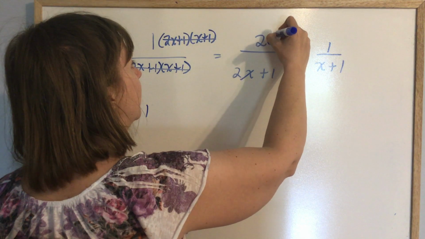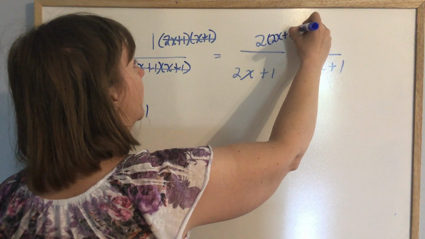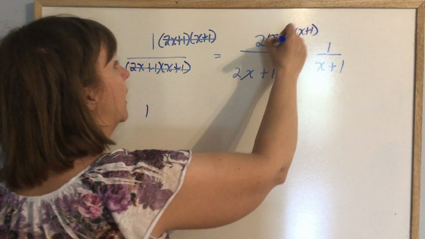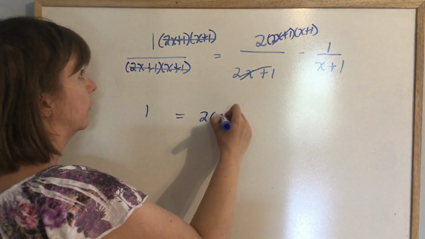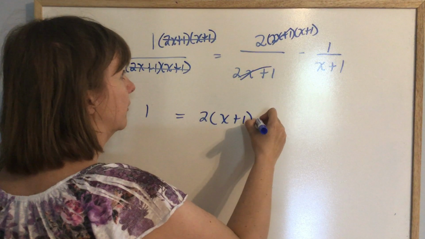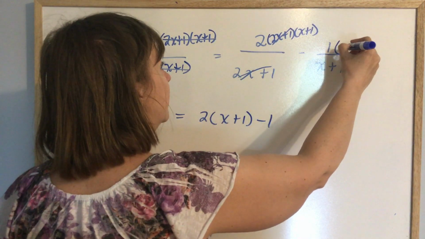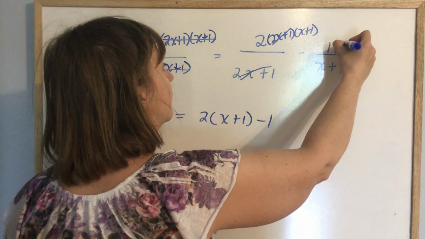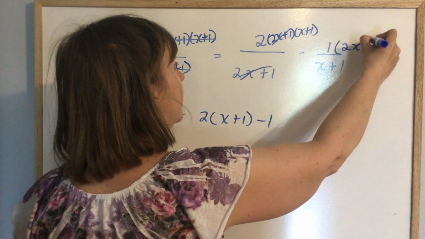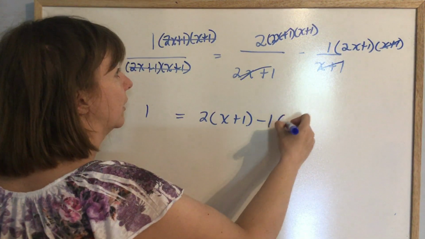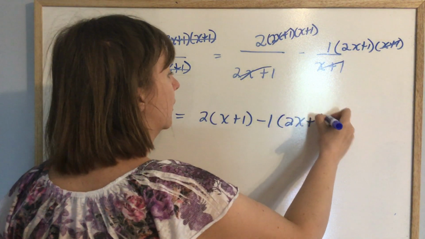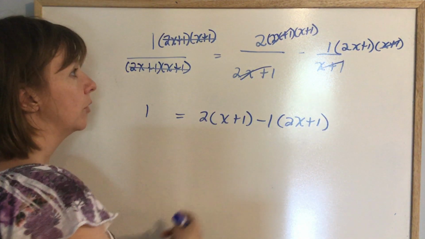I'd multiply this by 2x plus 1 and x plus 1, and what would cancel would be the 2x plus 1's, and I would have 2 times x plus 1. And here I would have 2x plus 1 and x plus 1, so the x plus 1's would cancel, and I would have minus 1 times 2x plus 1.